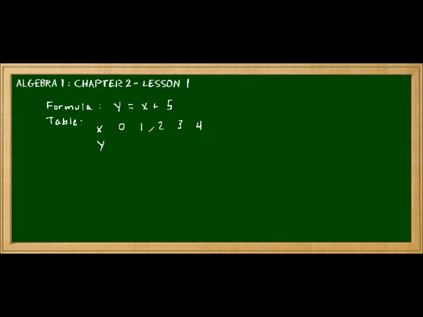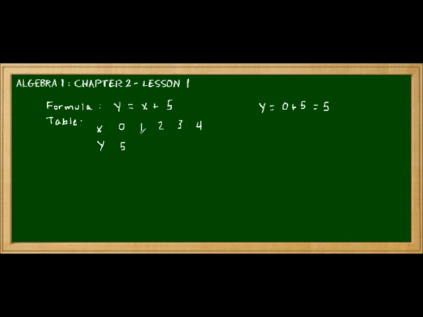They're asking for these 5 values, and they give us the first one, where if x is equal to 0, then y would be equal to 5. And we know that because we would just simply write y is equal to 0 plus 5, and 0 plus 5 is going to be equal to 5.